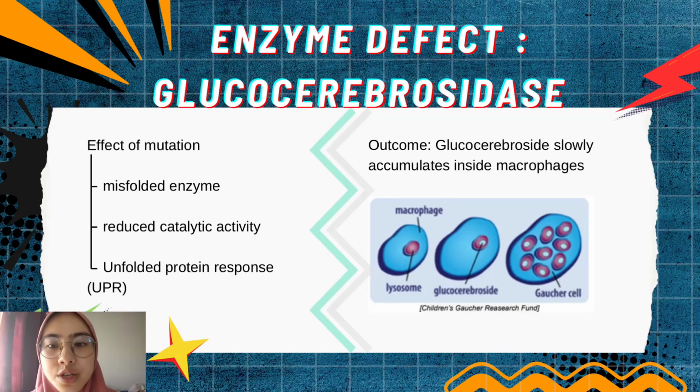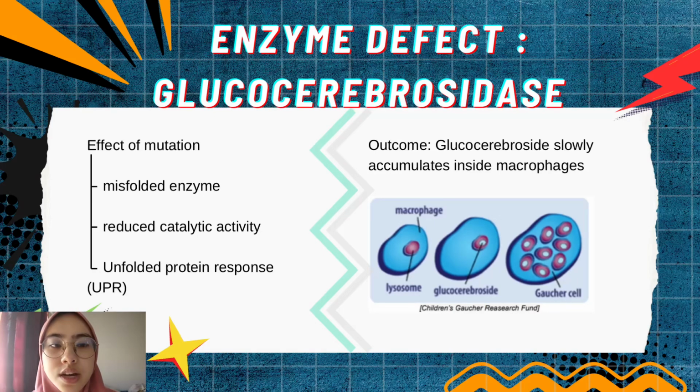Gene mutation sometimes will allow the enzyme to reach the lysosomes, but it will reduce its ability to hydrolyze glucose cerebroside. This is mainly because sometimes the active site will become distorted or the binding of the substrate has become weakened. As a result, this will slow or incomplete the degradation, causing glucocerebroside accumulation.